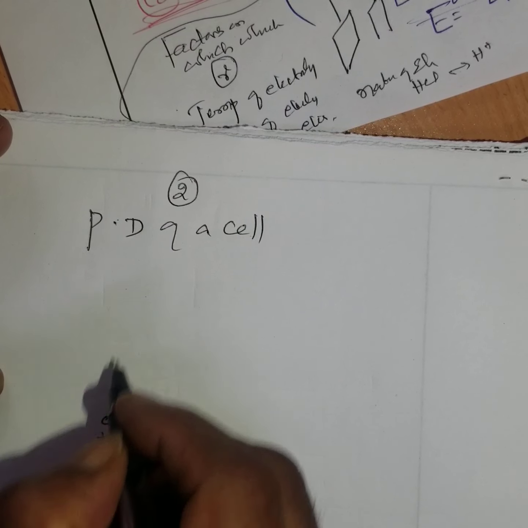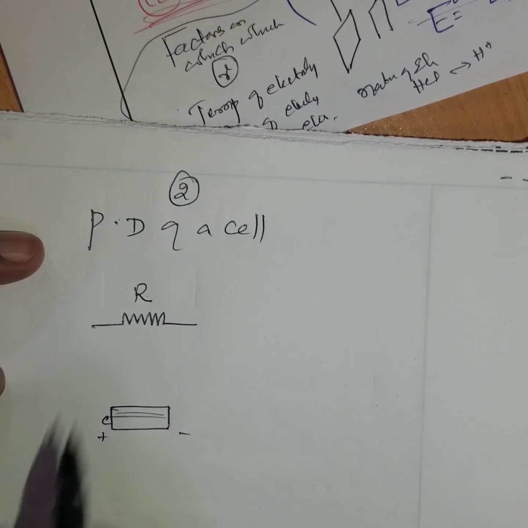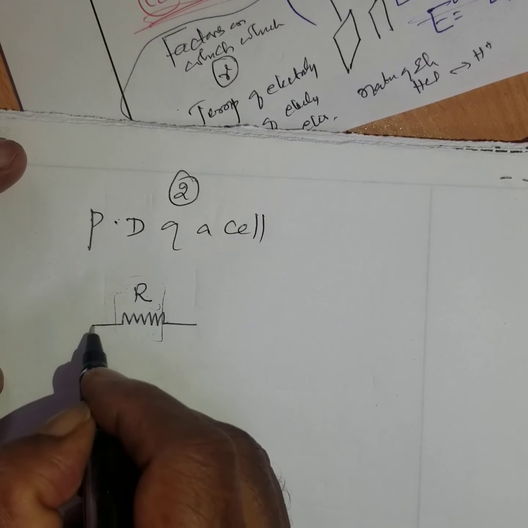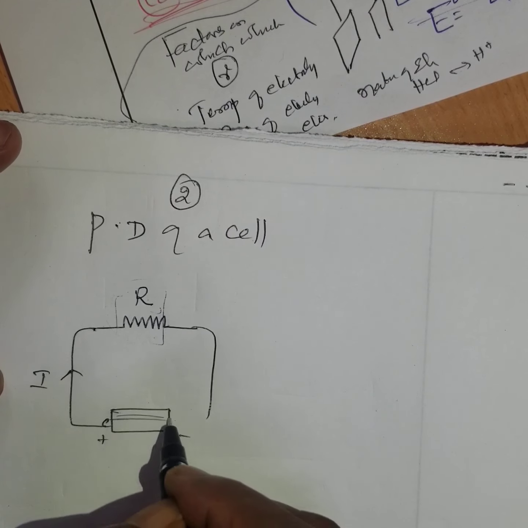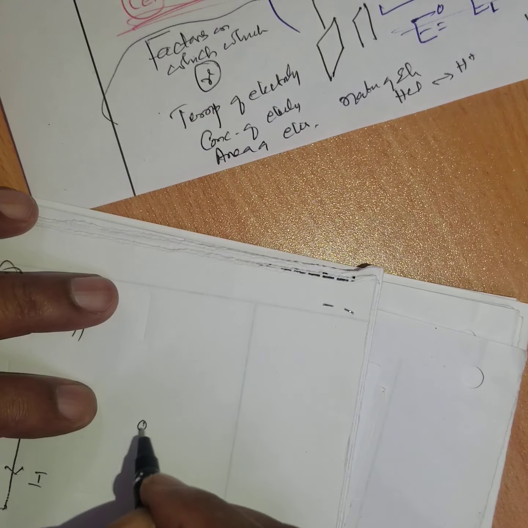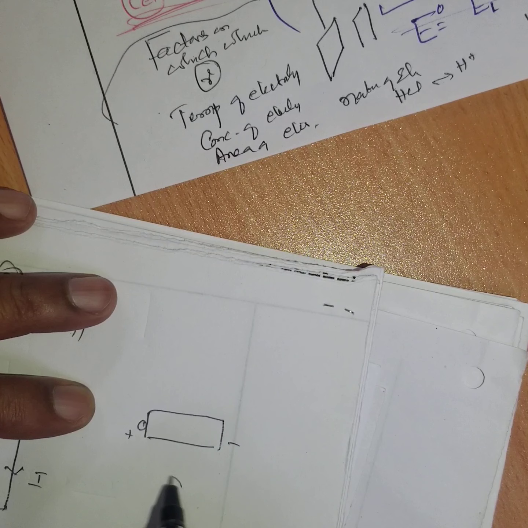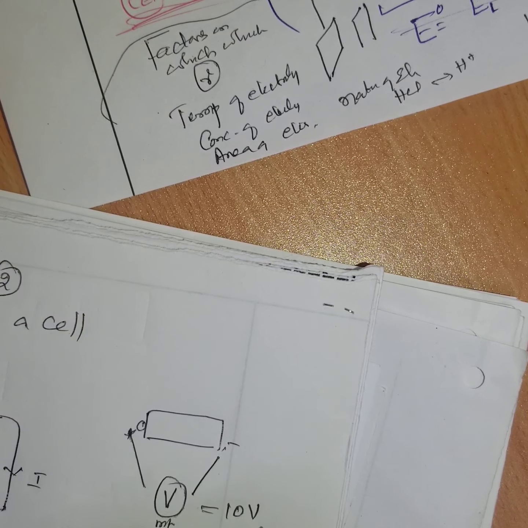Now you are connecting a resistor, it may be an iron box or a fan or any electronic appliance or a bulb, whatever it is. Now current is flowing from positive to negative. Now I have a voltmeter. The voltmeter is the instrument which measures the voltage between this terminal and this terminal. Now I will connect it. It shows say 10 volt.